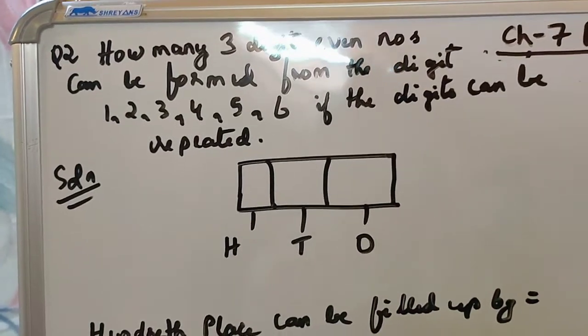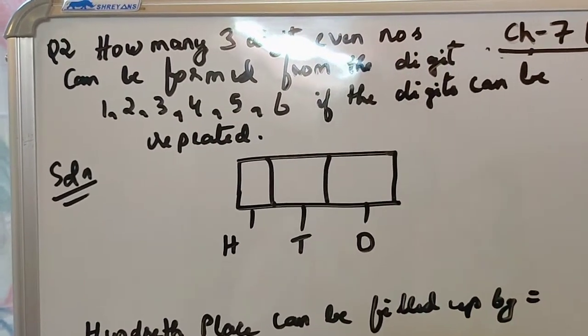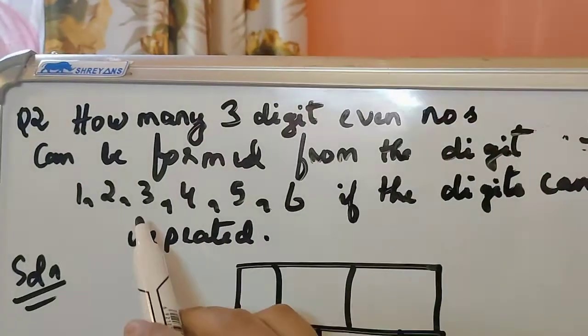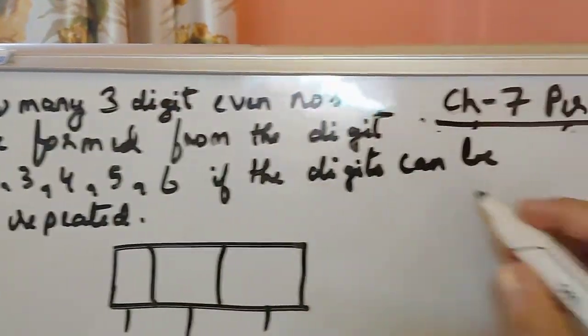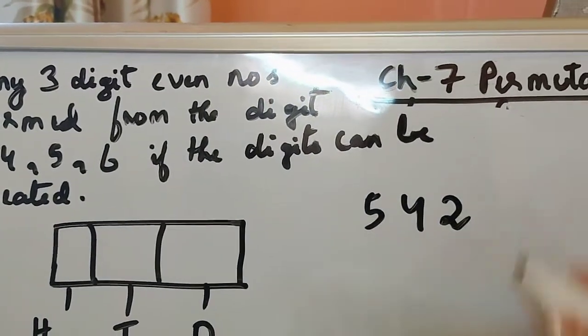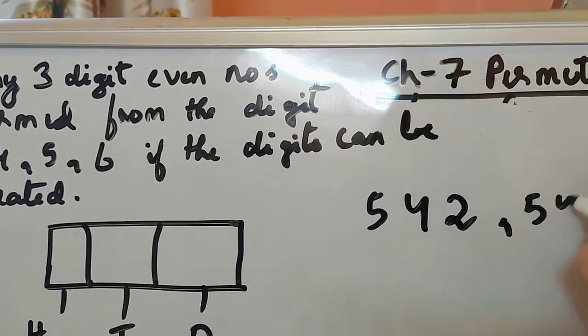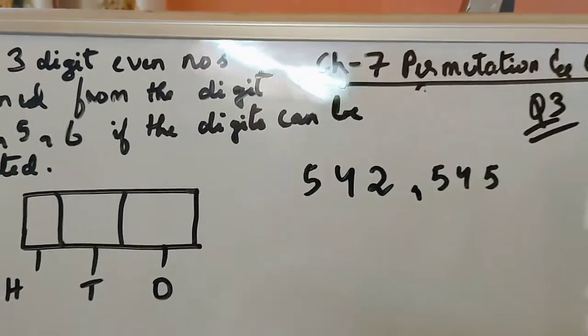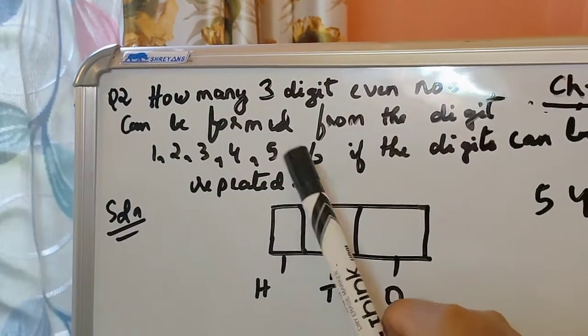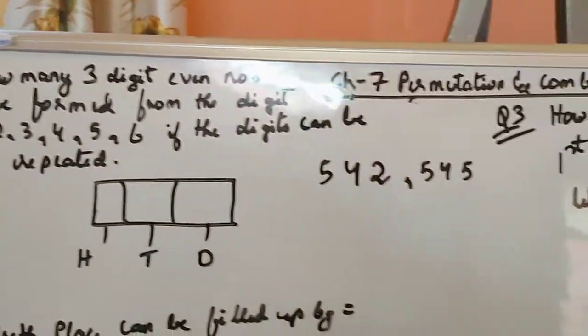Now how to identify an even number? Say using this number, 5, 4, 2. Say 5, 4, 5. I am using this number only.